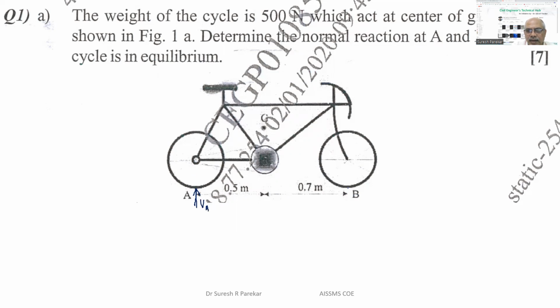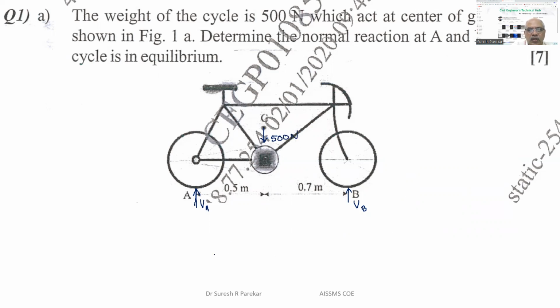We have a reaction at B, which I can say as VB. And then the weight acting at G, and that value is given as 500 Newton.